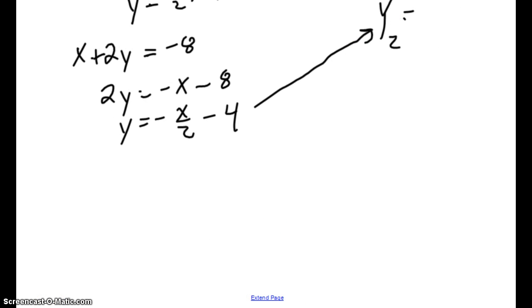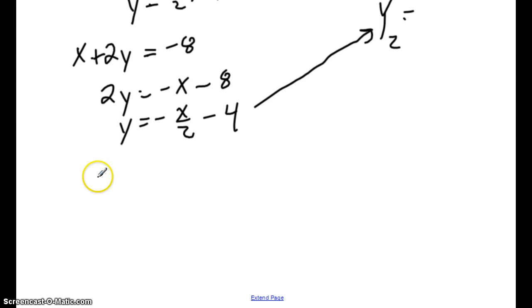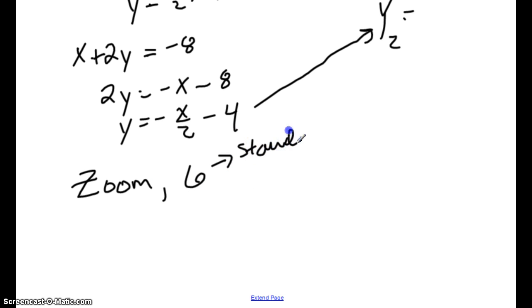After we have these plugged into y1 and y2, then what we're going to do is hit zoom 6, which is zoom standard. And that'll give us a nice 10 by 10 by 10 by 10 grid to graph these. After we have these graphs on the grid, then we're going to go ahead and hit second, calc, and if you haven't already noticed, intersect.